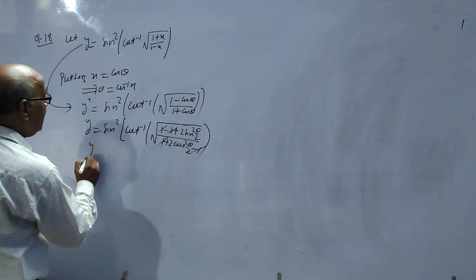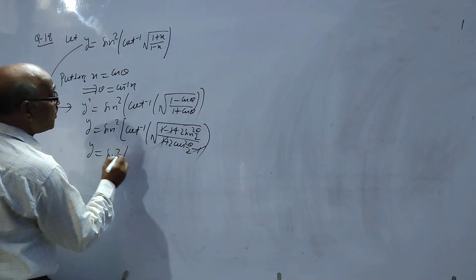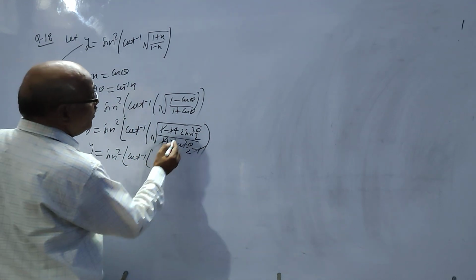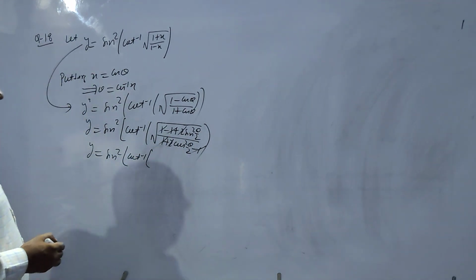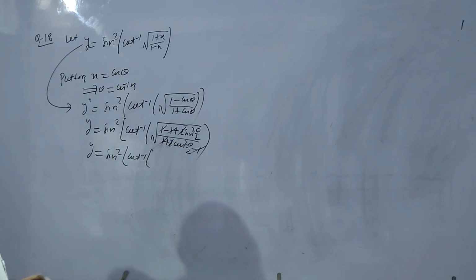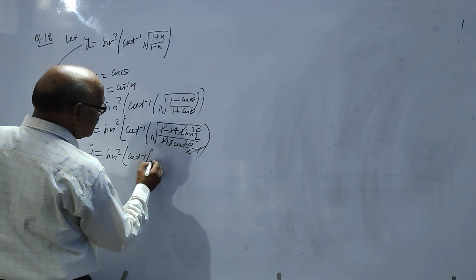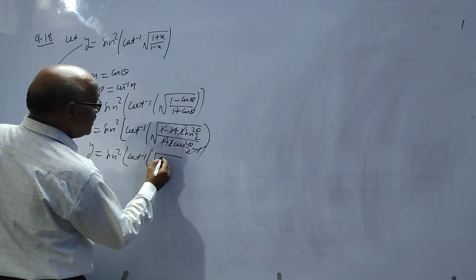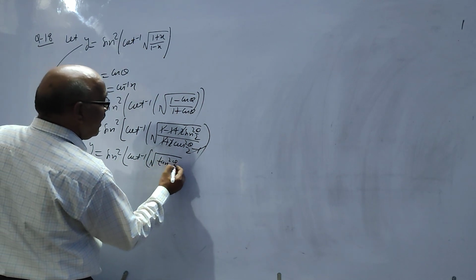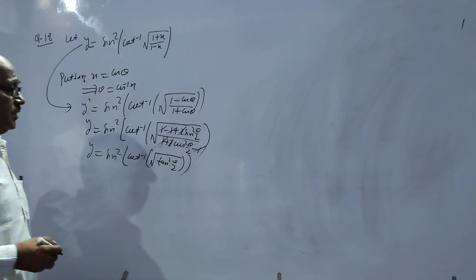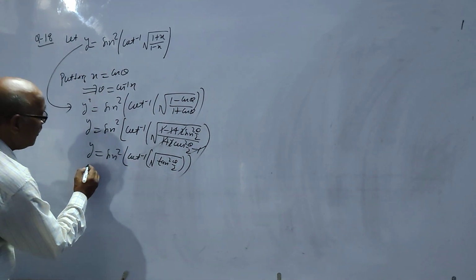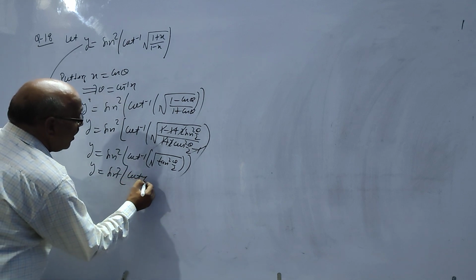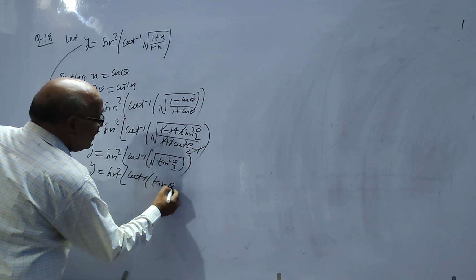Now y is equal to sine square cot inverse, and this 2 is cancelled out by 2, and sine square theta by 2 upon cos square theta by 2 is tan square theta by 2. So under root of tan square theta by 2 will be tan theta by 2. y is equal to sine square cot inverse tan theta by 2.